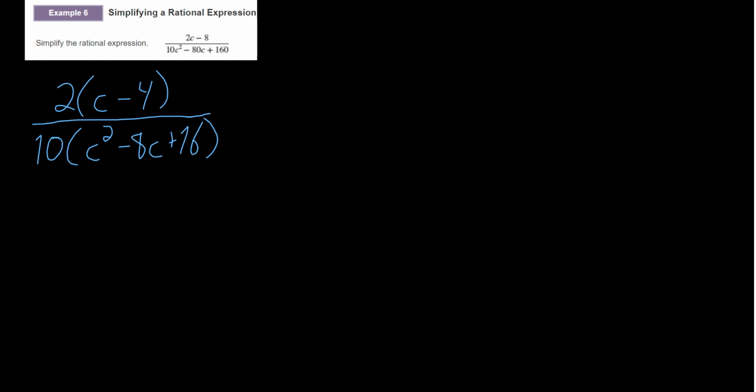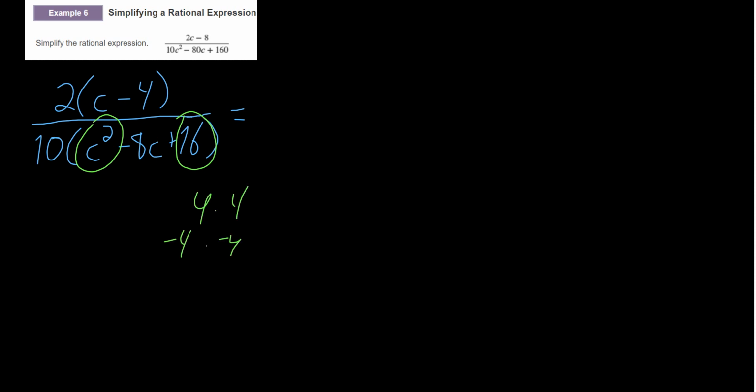Okay, so look at the denominator. I can tell immediately because I've done this a long time, but I also know from the work we've done earlier in this course. I'm going to look at this and this, and I can tell right away that they are both perfect squares. The square root of c squared is c, the square root of 16 is 4. That is 4 times 4, but it's also negative 4 times negative 4.